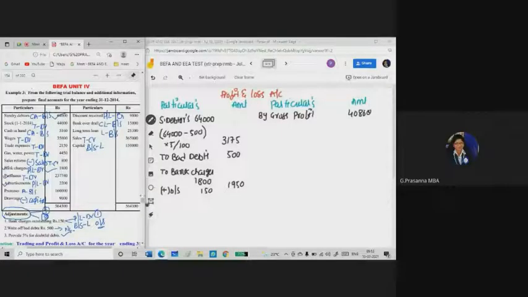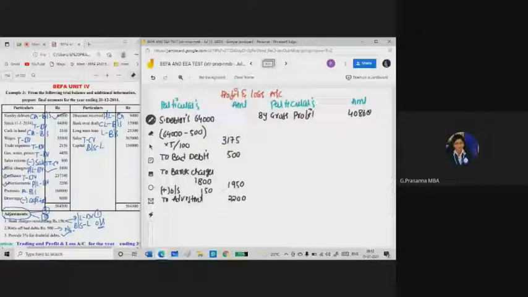Okay, how much is the amount of advertisement? 2,200. Okay, premises is an asset, drawings are related to the liability side, discount received. So here I have to write by discount received. Okay, how much is the amount of discount here? 9,000. So no other entries are there.